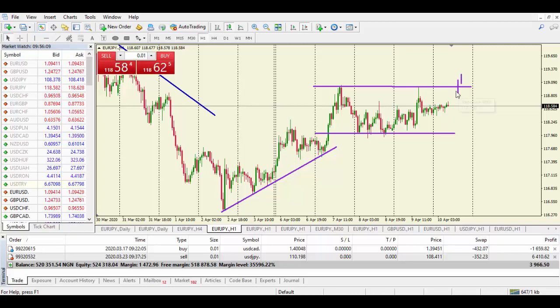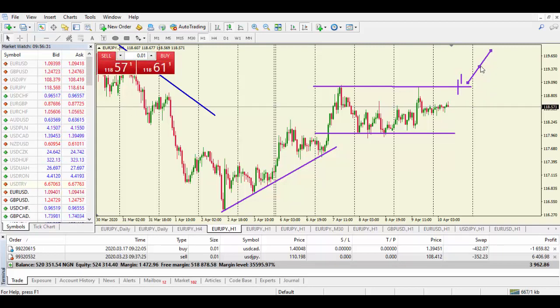So if we have a candlestick like this, it has not broken this resistance. But if we have a candlestick that has opened and closed above the level of resistance, then we say this has broken it. Then we can now be looking forward to take our trade going upward like this, okay.